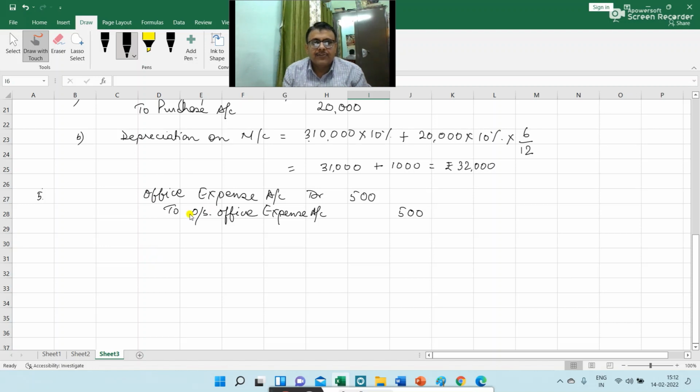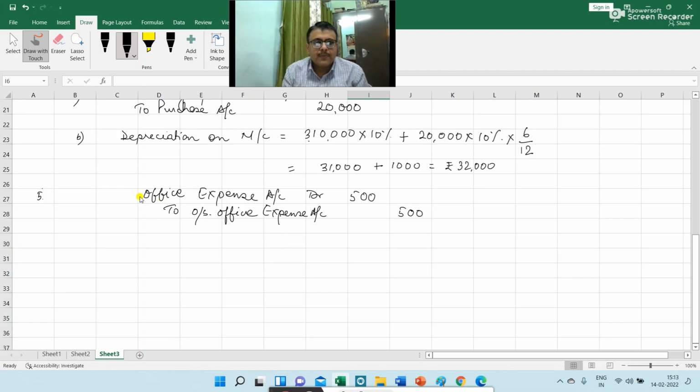Your journal entry will be office expense account debit to outstanding office expense account. Office expense account is a nominal account, and it will be shown in the profit and loss account, and outstanding office expense being a personal account will be carried down to the balance sheet on the liability side of the balance sheet.